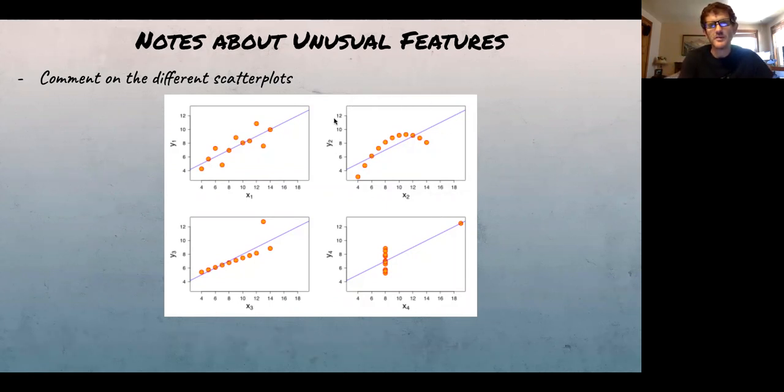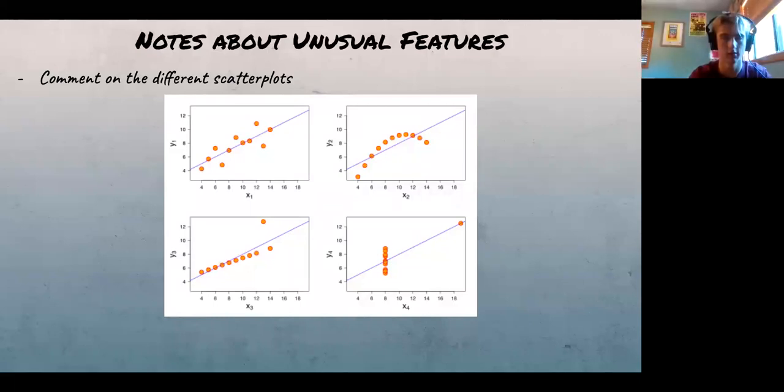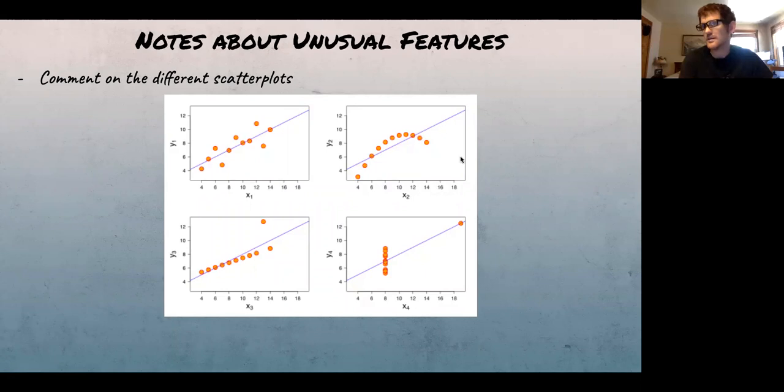So if we talk about this one, what do we notice about up here? It shouldn't be represented by a linear line. Exactly. So it's non-linear, so this linear regression isn't appropriate.